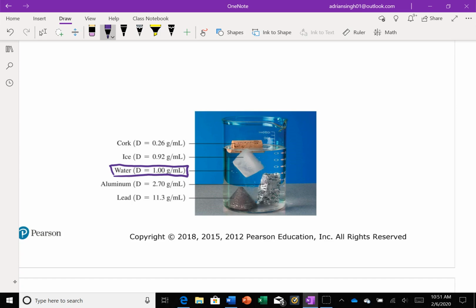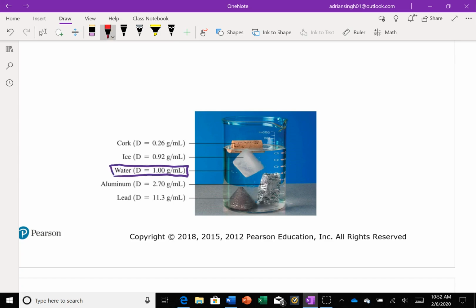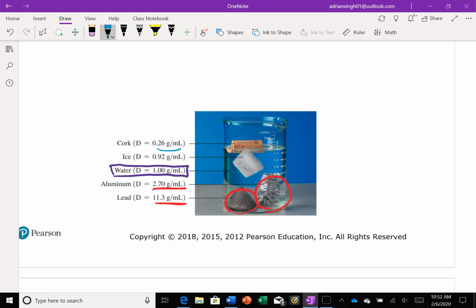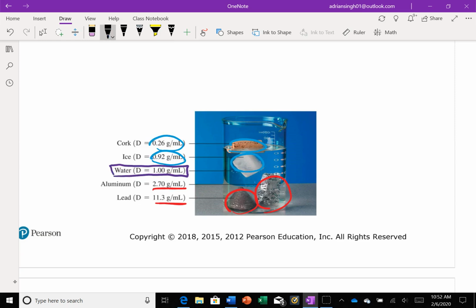And then you'll notice the substances that have a greater density than water, such as the aluminum and the lead, they actually sink to the bottom of the container, whereas the substances that have a lower density, such as the cork and the ice, they tend to float in water, right?